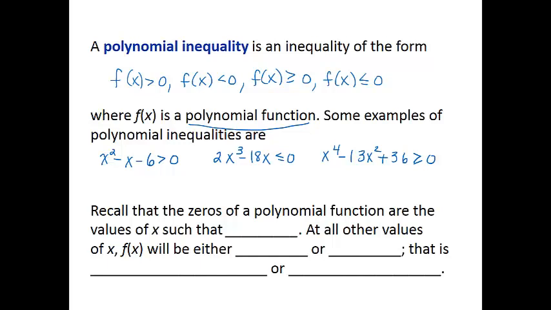Recall that zeros of a polynomial function are the values of x such that f of x is equal to 0. Whenever we solve an equation of that form, we're trying to find what value of x makes the output 0. Recall that those points correspond to the x-intercepts of a graph.